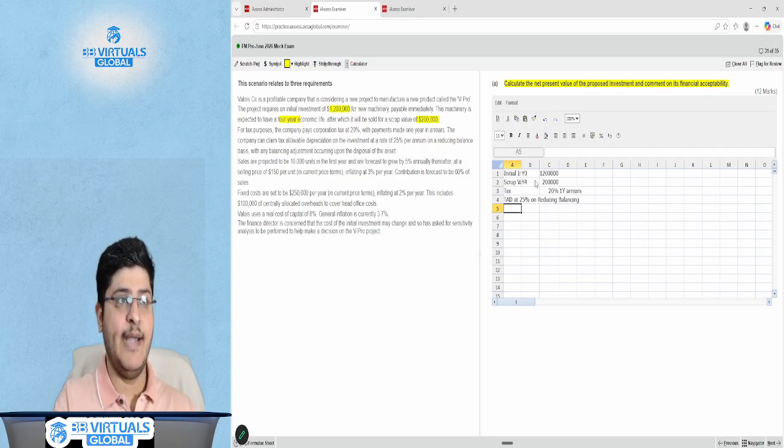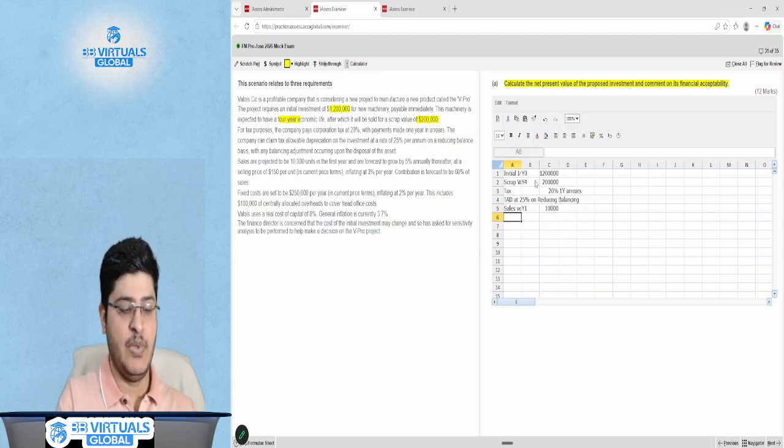Sales are projected at 10,000 units for the first year. So sales volume in year 1 is 10,000 units. Then they are saying it will grow annually at 5% annual volume growth.